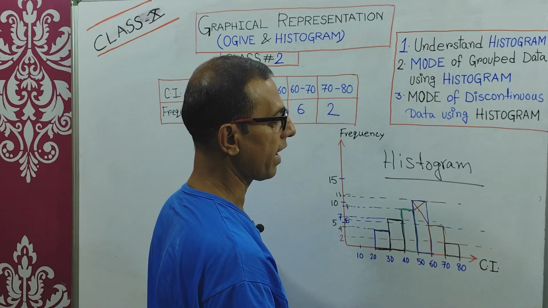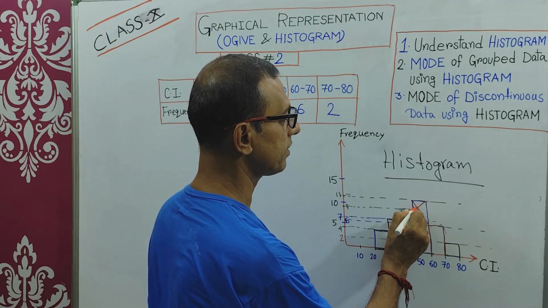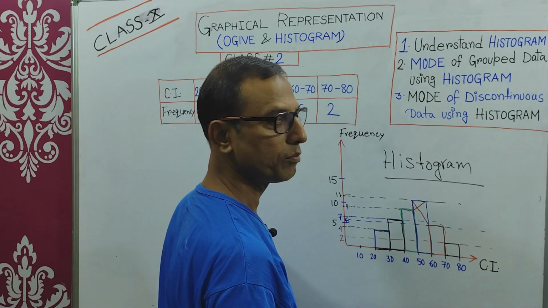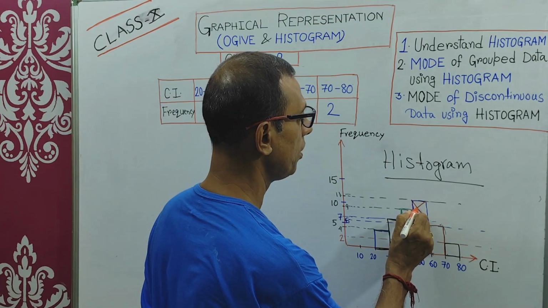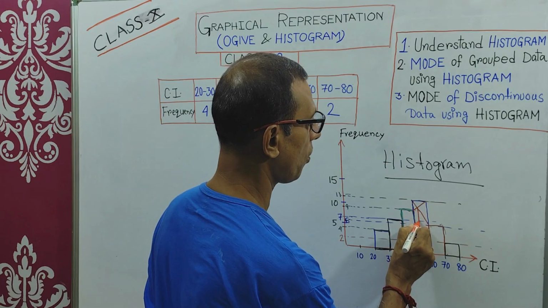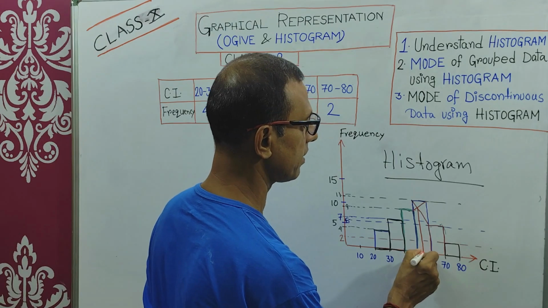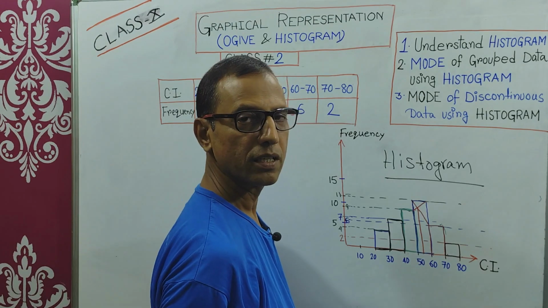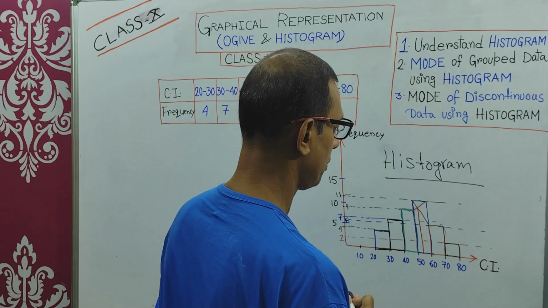Where these two diagonals intersect is the point the mode belongs to. To find the mode, draw a perpendicular from this intersection point to the x-axis, and where it intersects the x-axis, this point is the mode.